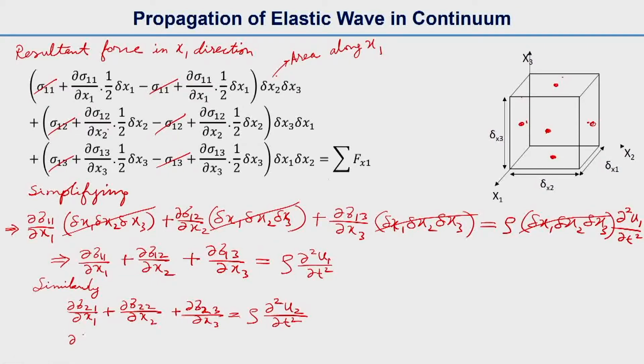And partial of sigma 31 with respect to x1, plus partial of sigma 32 with respect to x2, plus partial of sigma 33 with respect to x3, equals rho multiplied by the second partial of u3 with respect to time.